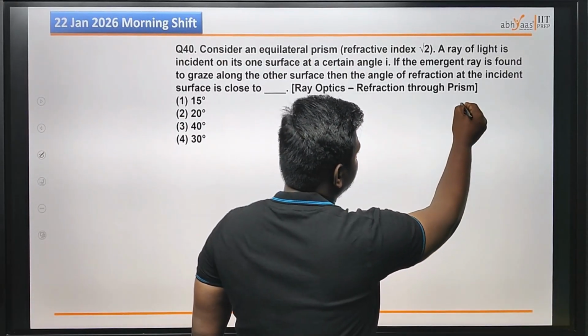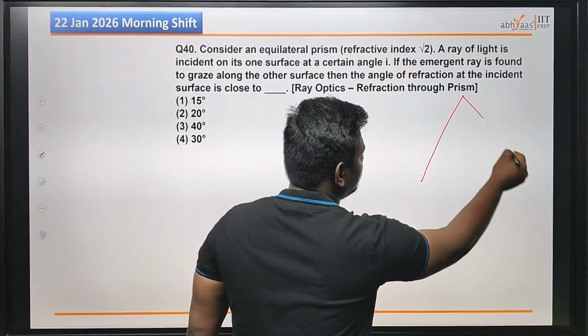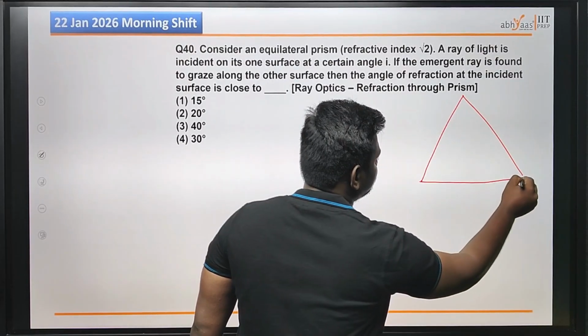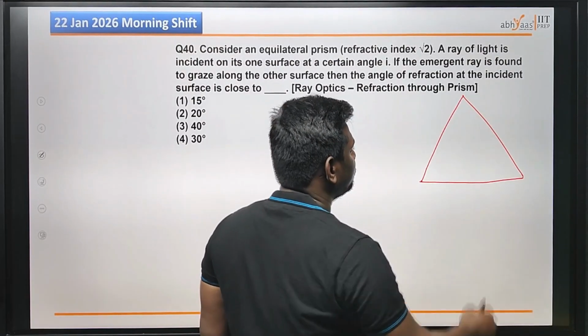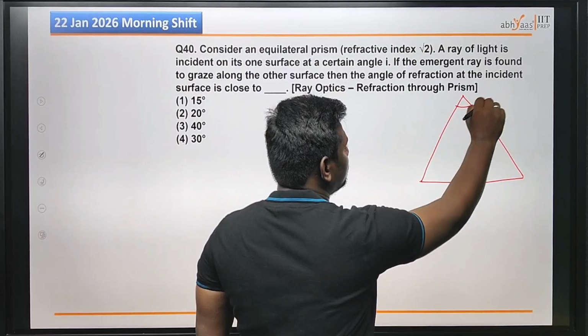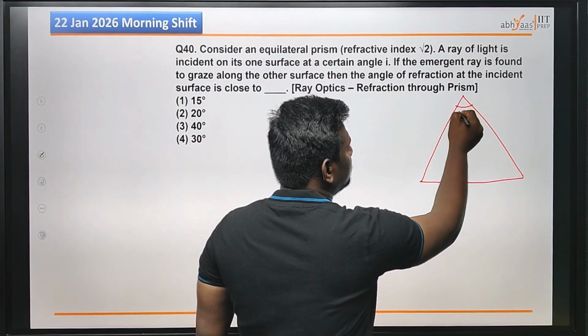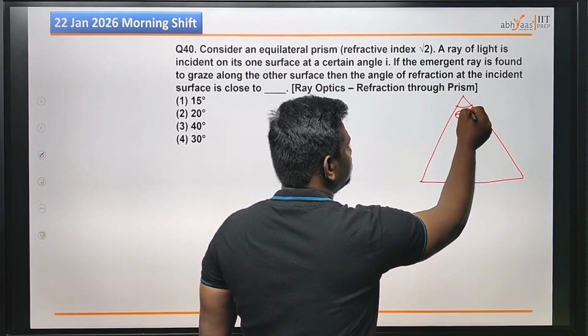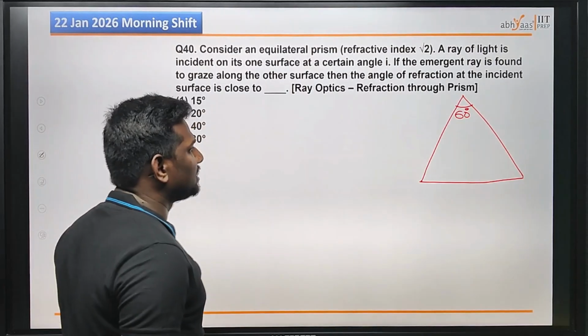So consider this is one equilateral triangular prism, with angle A equal to 60 degrees because it is equilateral.